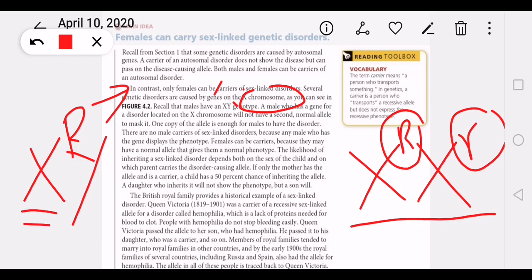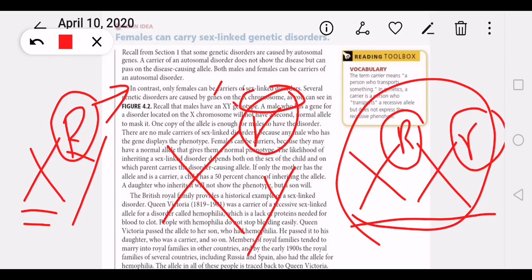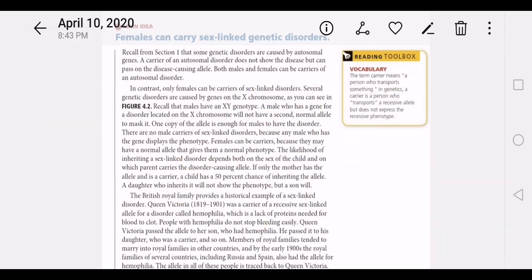So this gene will either be capital R or small r. It is impossible for the man to be a carrier. He either has the disorder or does not have the disorder, because to be a carrier you have to have 2 alleles, one dominant and the other recessive, like the case of this female. In sex-linked genetic disorders, a man can only have a recessive or a dominant. This is why it is impossible for a man to be a carrier.